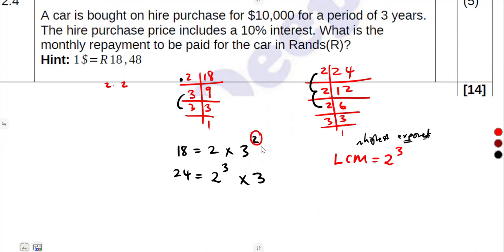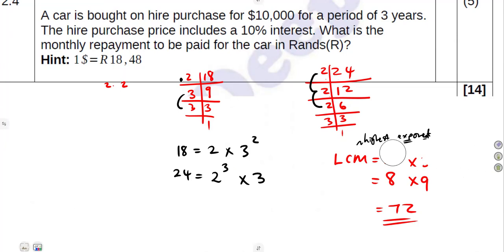The highest exponent is 2, so we take 3 squared. So 2 to the exponent of 3, that is 2 times 2 times 2, which is going to give us 8. 3 squared, that's 3 times 3, which is going to give us 9. So 8 and 9, that's going to give us what? 72. So we have the LCM.